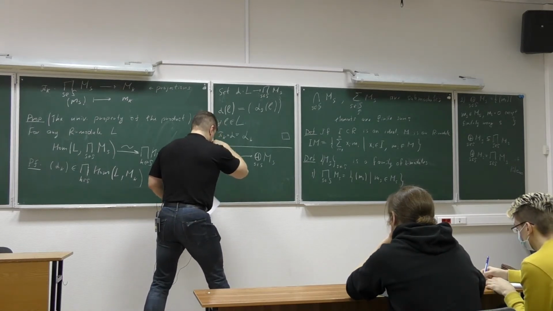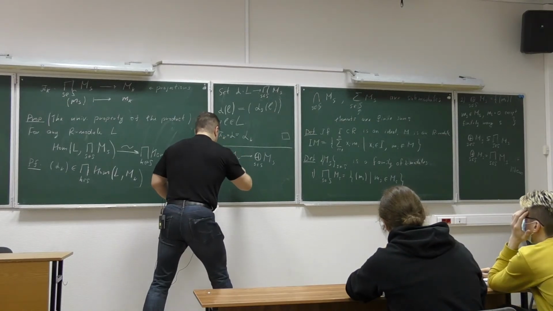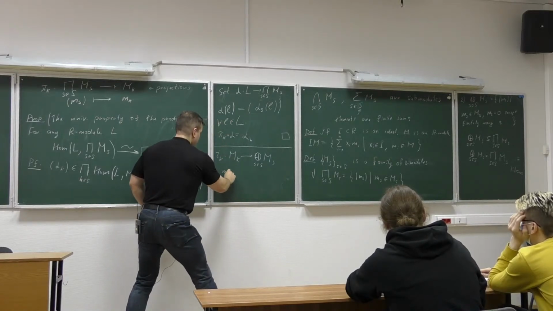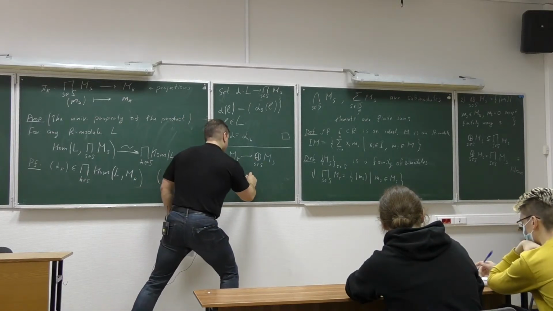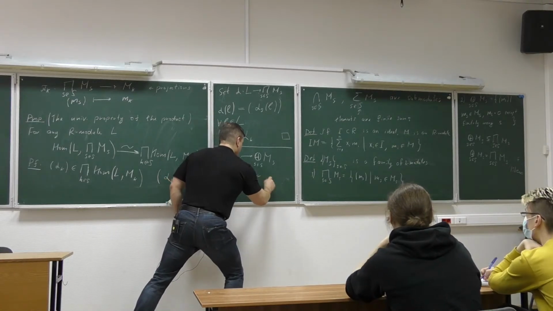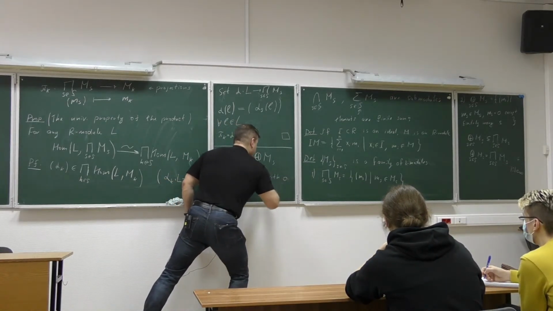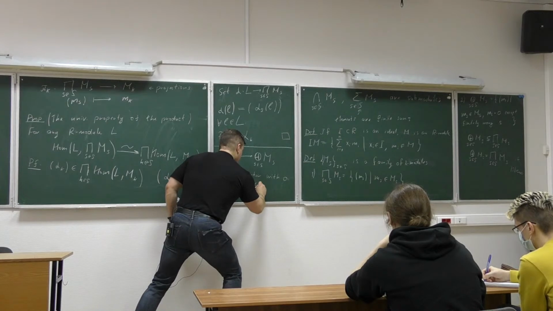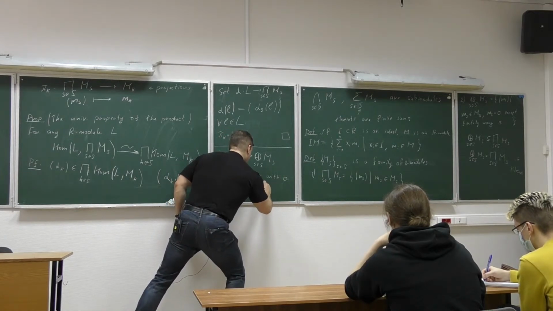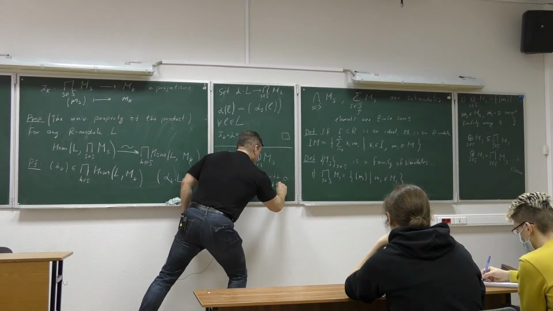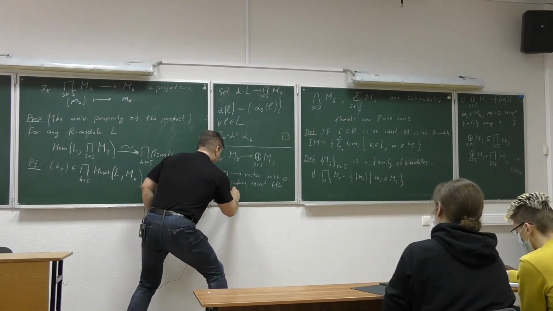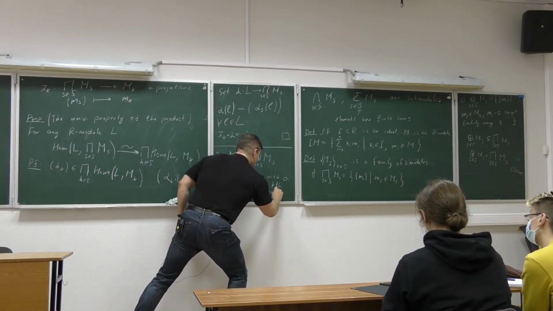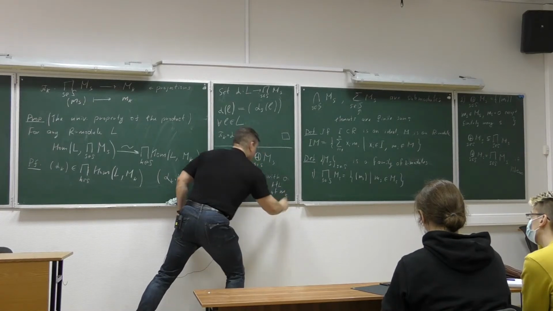Okay, so say m_k is sent to the vector with zeros everywhere except the kth position, where we put m_k.